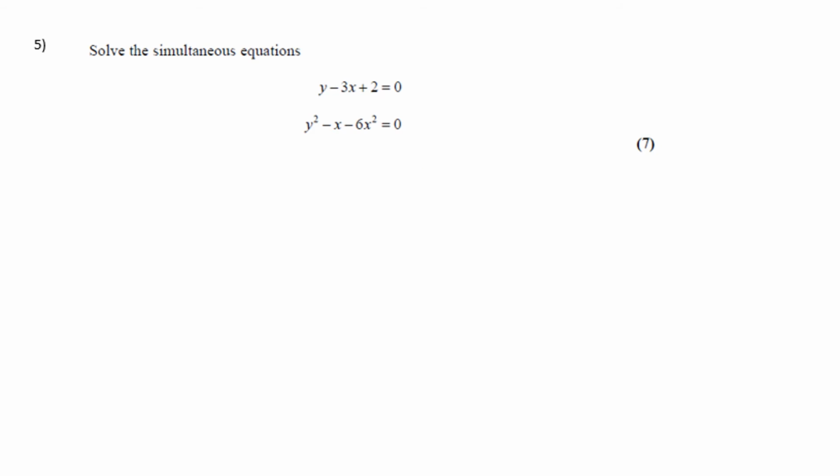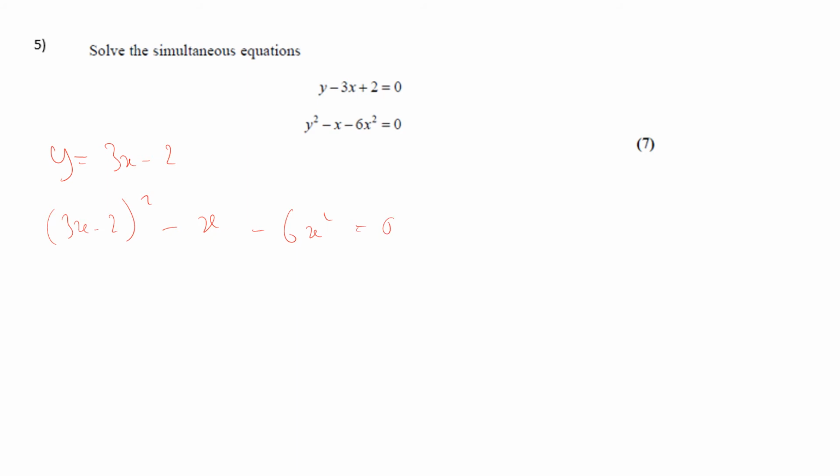Alright, simultaneous equations here. A lot of you have the right idea here, for the first part anyway. So you rearrange that to y equals 3x minus 2, and then you substitute it into the second equation. So you've got (3x minus 2) squared minus x minus 6x squared equals 0.